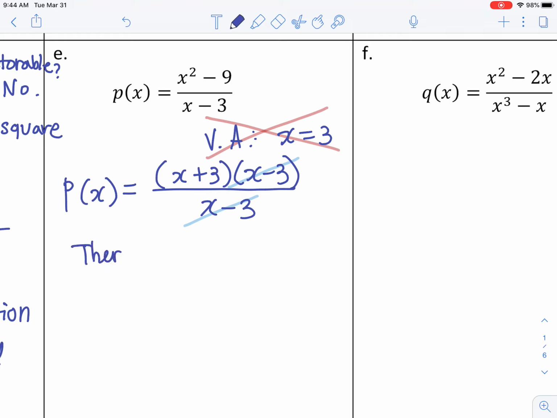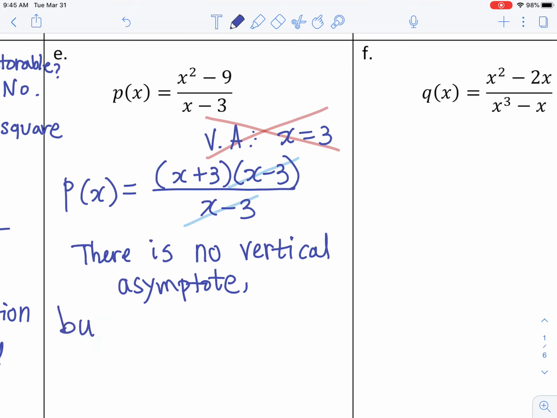What we're going to say is there is no vertical asymptote, but do tell them that we have a hole at x equals, what number do you think? 3, okay? So let's take a look at that.